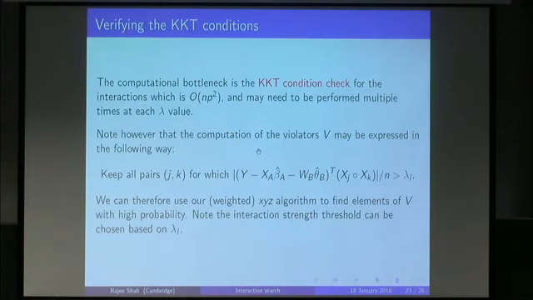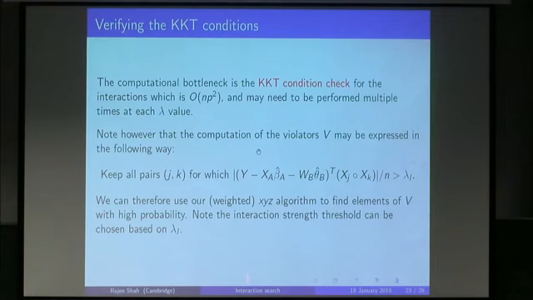But you see that this KKT condition check is really of the form of the dot product search that we were looking at earlier, right? So here you can think of this response as the new Y, and we're looking for pairs of columns such that when we take the pointwise product, the dot product with the response exceeds this value of the tuning parameter, lambda.